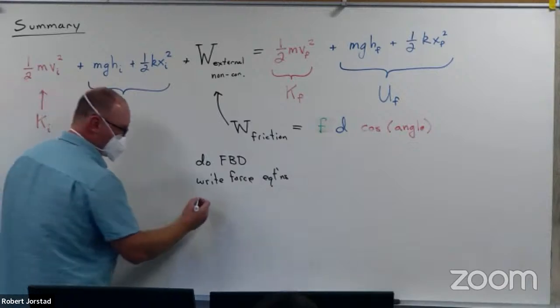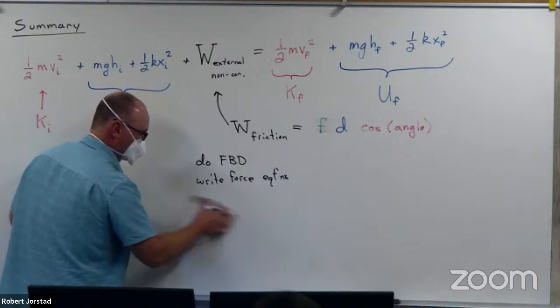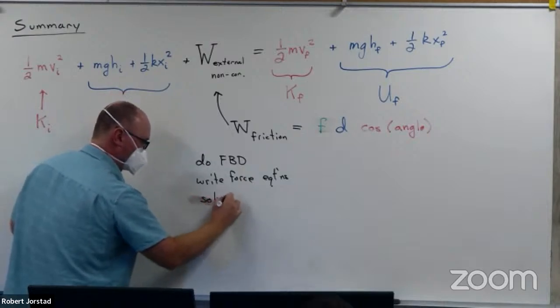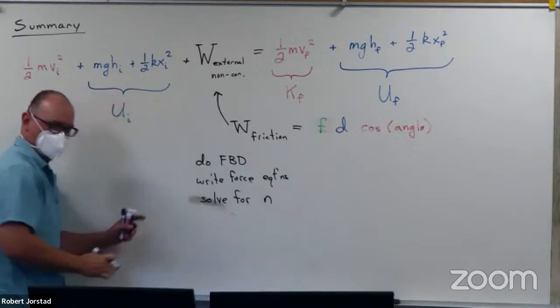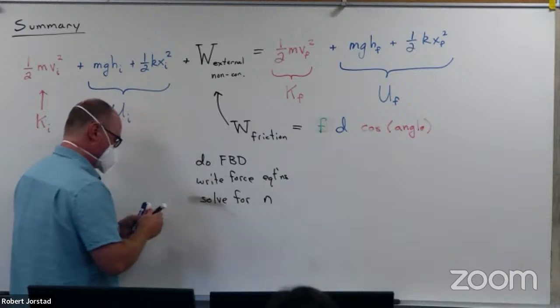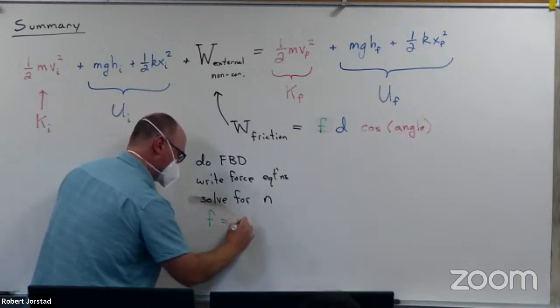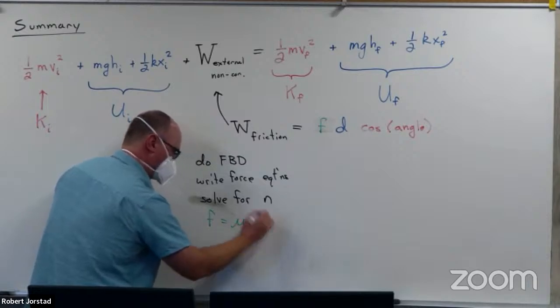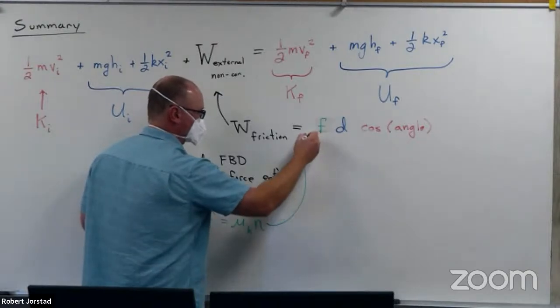So usually what we do is solve for N, the normal force. And then friction equals mu kinetic times the normal force. And that gets us this term.